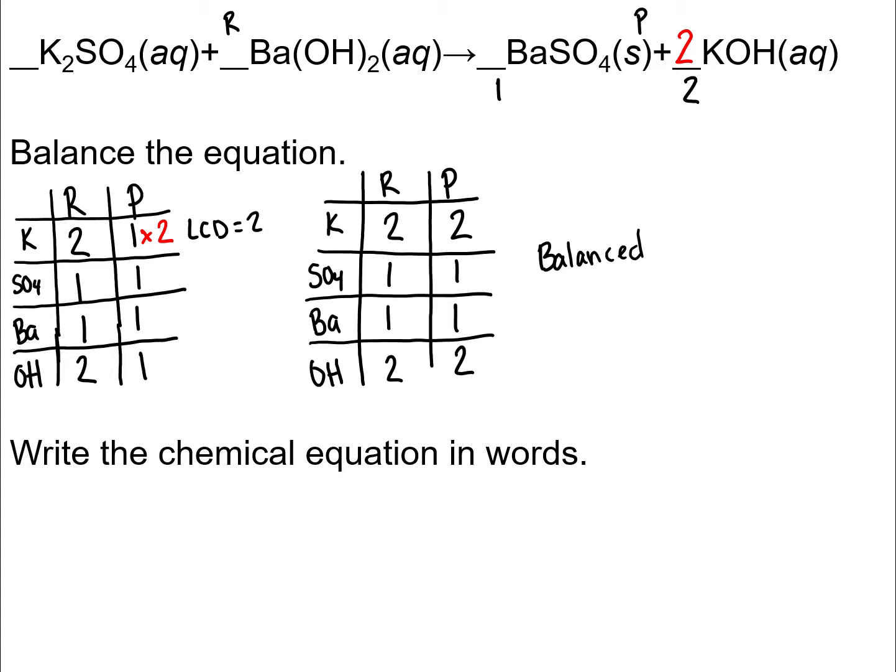Now for this last one, I'm not going to ask you to write it in the chat, but I'll write out what I have. As long as you have something similar to this, then you're fine. First thing you always want to do is write out what your reactants are and the physical state each compound is in.